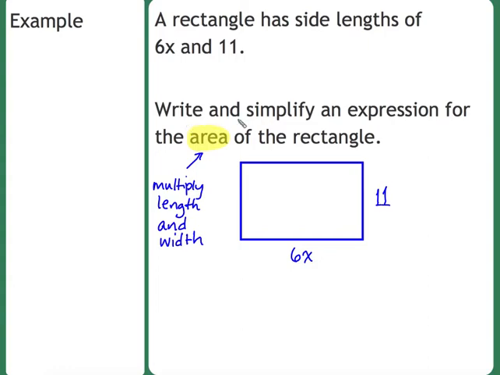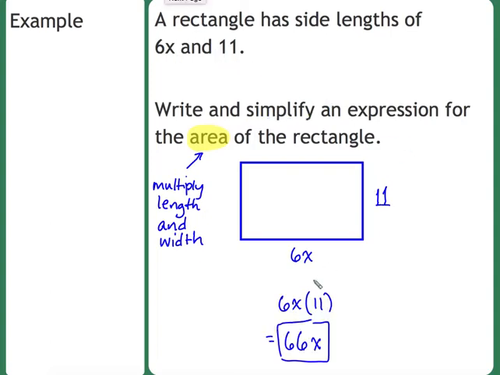So then we're supposed to write and simplify an expression for the area of a rectangle. So remember, for the area of a rectangle, you need to multiply the length and the width, and you need to simplify. So make sure you simplify that expression when you put it together. So give that one a try.